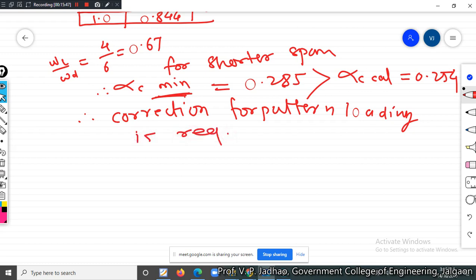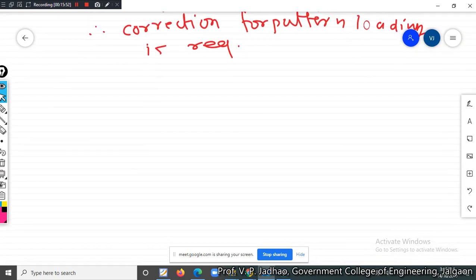Therefore we find out the correction factor now.